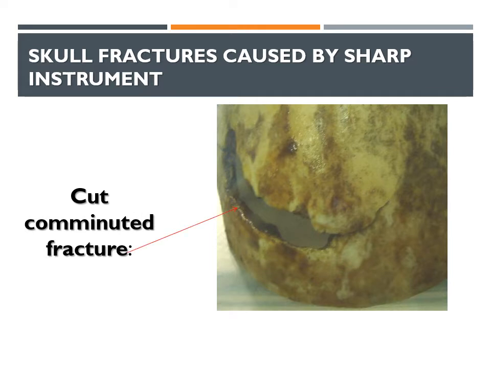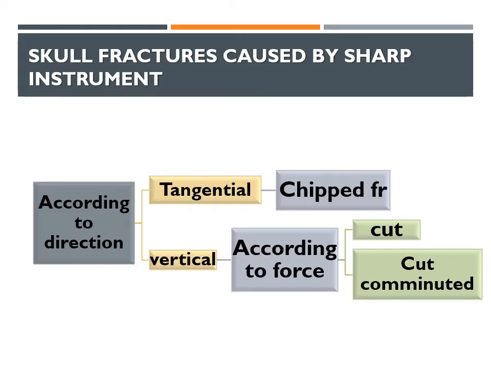There is loss of bone, and the edges are sharp, cut, but with loss of bone, so it is named as cut comminuted fracture. So, skull fracture caused by sharp instrument, again, according to direction, may be tangential causing shaved fracture or vertical causing cut fracture or cut comminuted fracture.